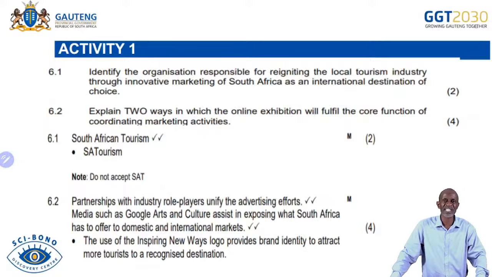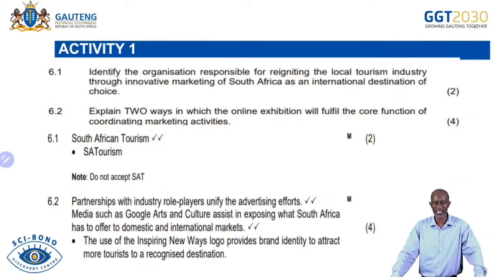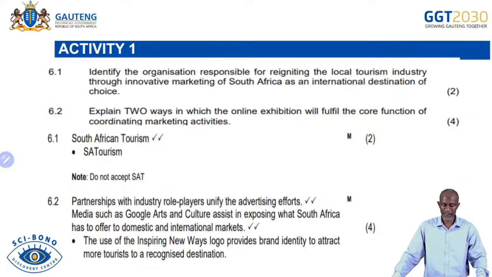We said it's accommodation, the transport businesses, the tour operators, the travel agencies, all those are role players. And if they are united to present their case to the world, their advertising effort to the world, then South Africa will see success in terms of tourism arrivals.